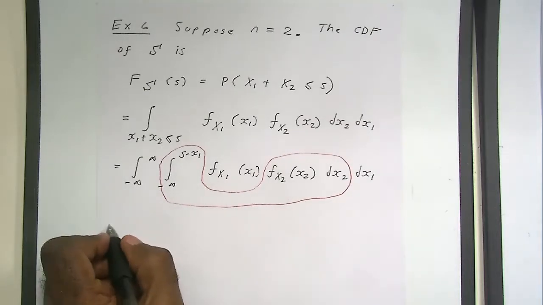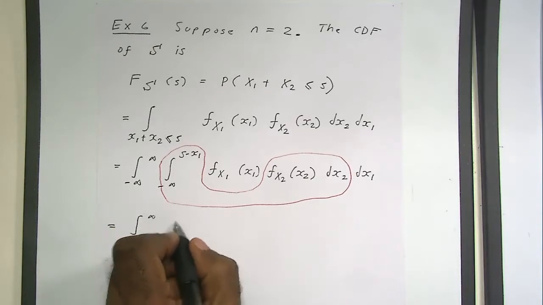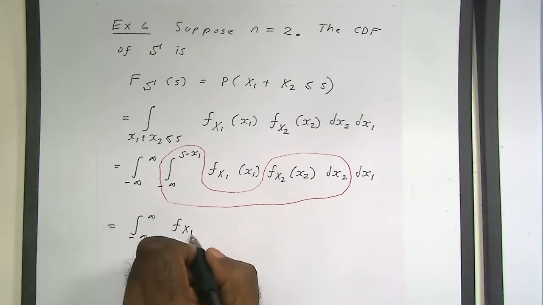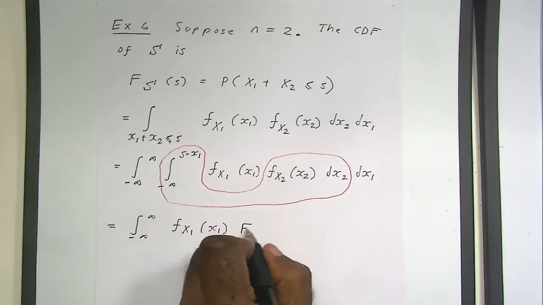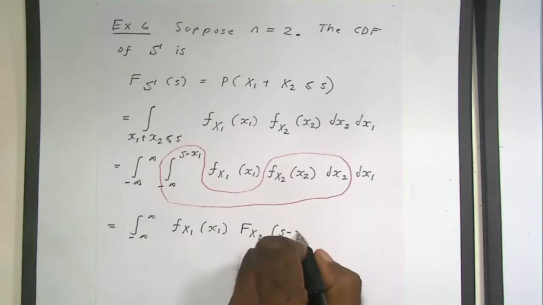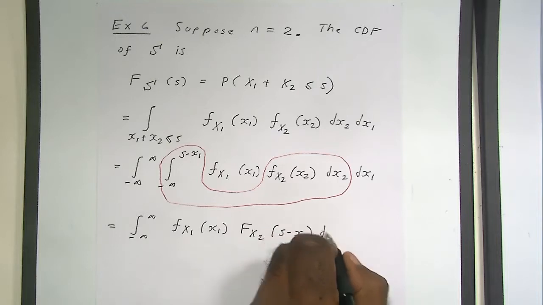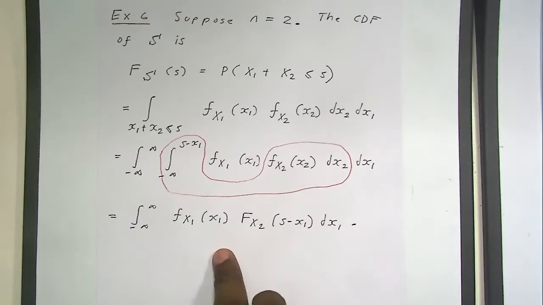So what you have here is simply the integral of fx1(x1) fx2. So this is the formula for the CDF of S when n equal to 2.